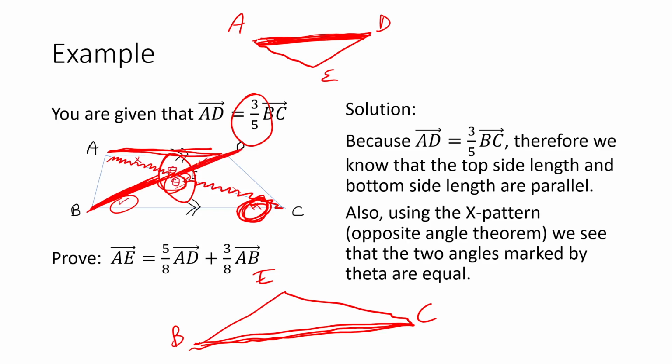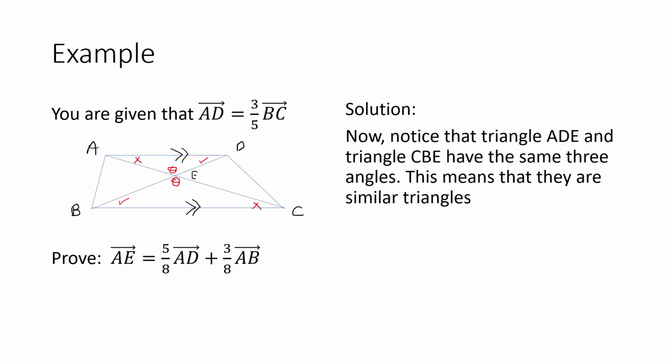Well, the top one, the side length between the check mark and the theta of the top triangle, must be equal to 3/5 of the side length on the triangle on the bottom between the check mark and the theta symbol. So we'll make it look a little bit neater. That might have made sense, might not have, but give it a shot as we keep on going.